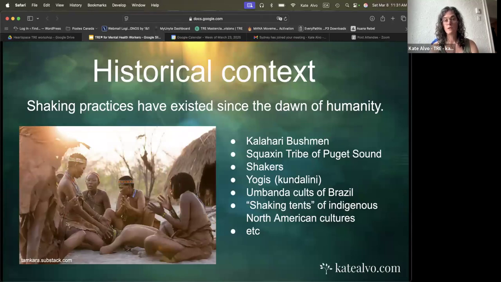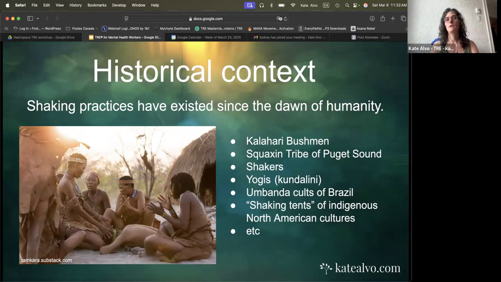The Squaxin tribe of Puget Sound, the Shakers, from the Christian tradition. Kundalini yoga accesses this natural involuntary movement. Umbanda cults of Brazil.